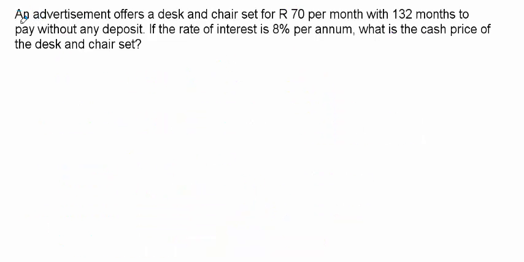An advertisement offers a desk and a chair set for 70 Rand a month with 132 months to pay without any deposit. If the rate of interest is 8% per annum, that is the annual rate of interest, what is the cash price of the desk and the chair set?